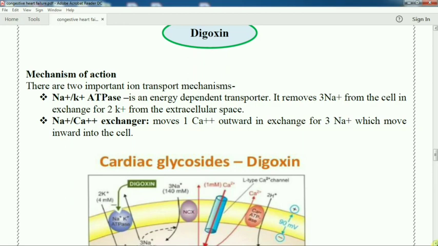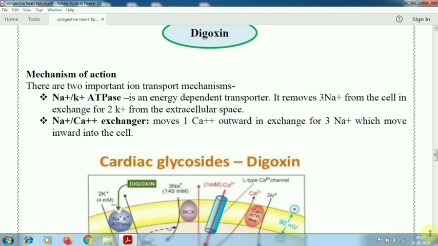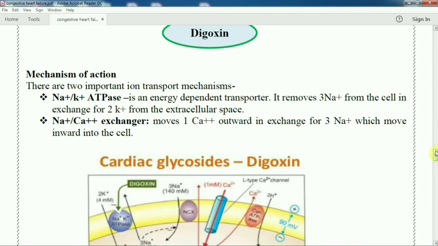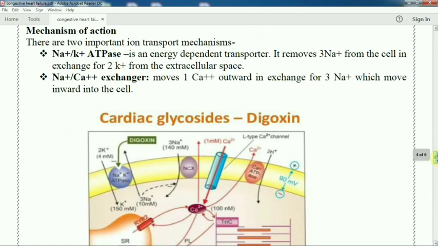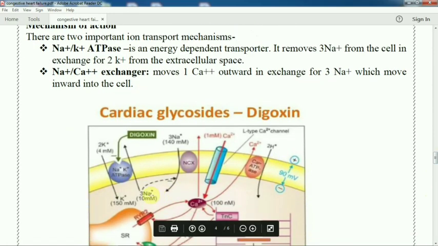How does sodium potassium ATPase work? It is an energy dependent transporter. It removes 3 sodium from the cell in exchange for 2 potassium from the extracellular space. See the figure. 3 sodium from inside to outside and 2 potassium from outside to inside.